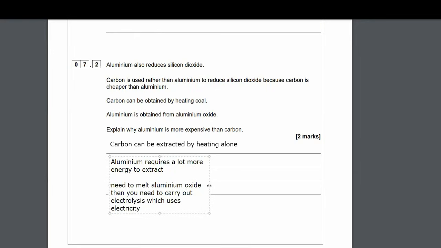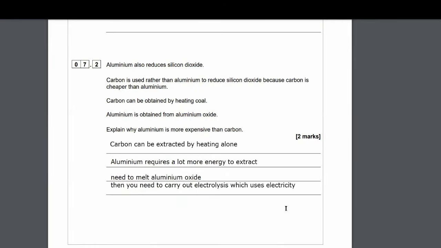So basically, extracting aluminium requires a lot more energy, not just heating to melt something, but you also need to use electricity to do electrolysis. So your main marks here is that carbon can be done by heating alone, aluminium requires more energy. Or you can mention electrolysis, that aluminium needs electrolysis.